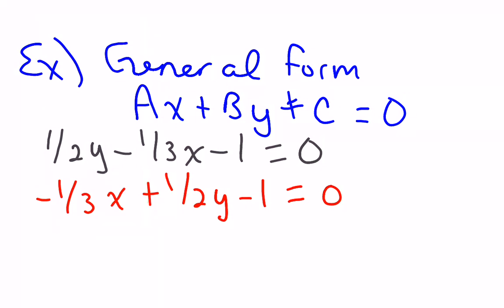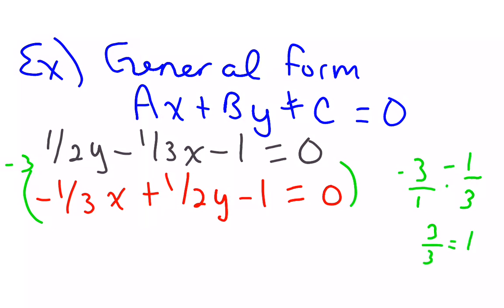So if I multiply the whole thing by -3, that should get rid of it. So -3 times a -1/3, remember how you multiply fractions. So that's -3/1 times a -1/3. Multiply straight across, we get 3/3, which is 1.